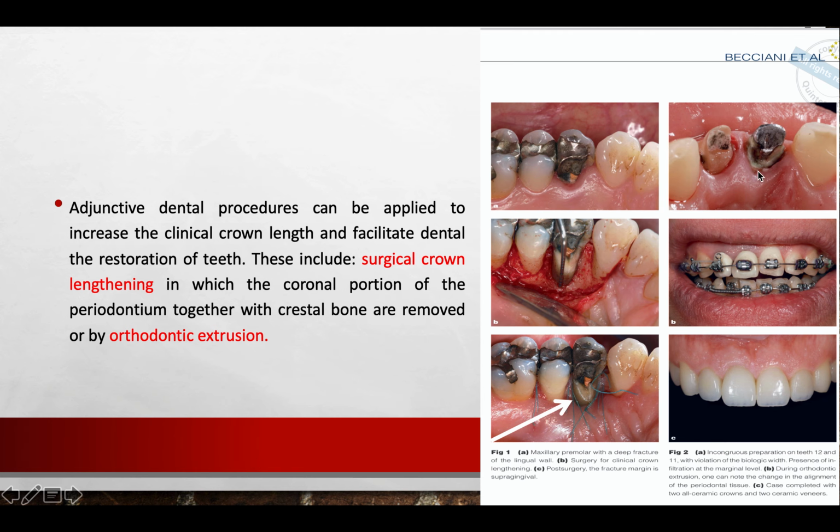Or else you can do orthodontic extrusion. You can move the tooth coronally and provide more tooth structure. Of course, it takes time, and it's an extra commitment, financial and time-wise, for the patient. But if a patient is keen to save the tooth, then you can offer them these treatment options.